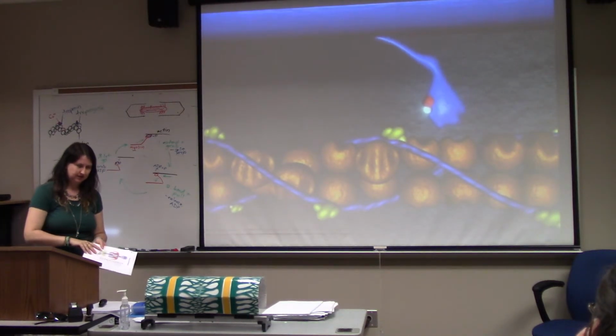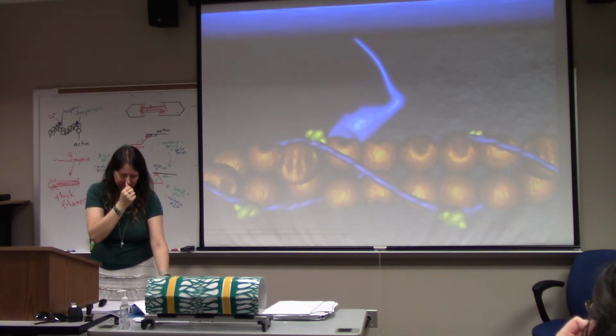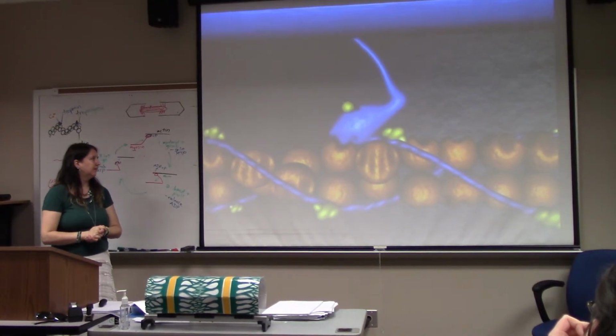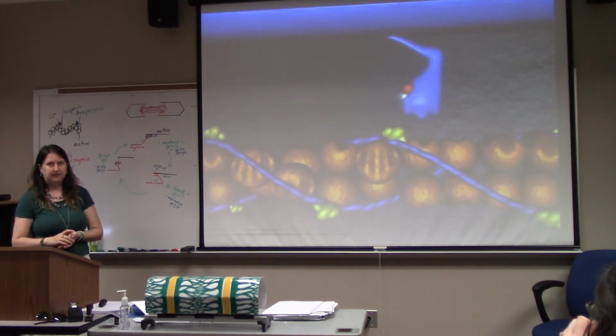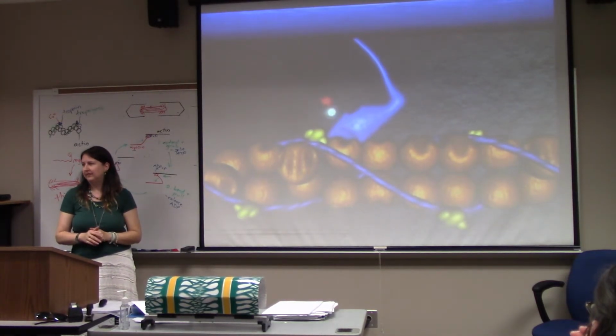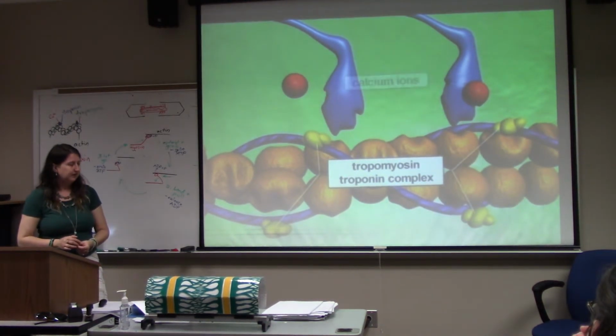The power stroke is initiated when the myosin cross bridge binds to actin. The cycle begins anew when another ATP binds to myosin. At rest, most cross bridges are in the cocked configuration, prepared to interact with actin when the tropomyosin-troponin complex is moved away from myosin binding sites on actin by calcium ions.